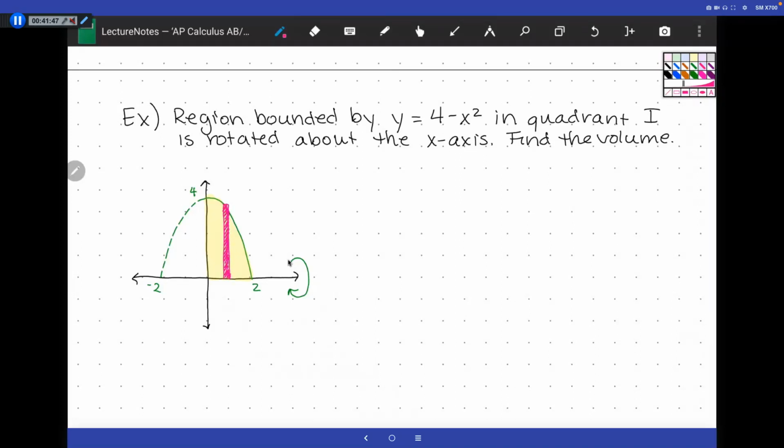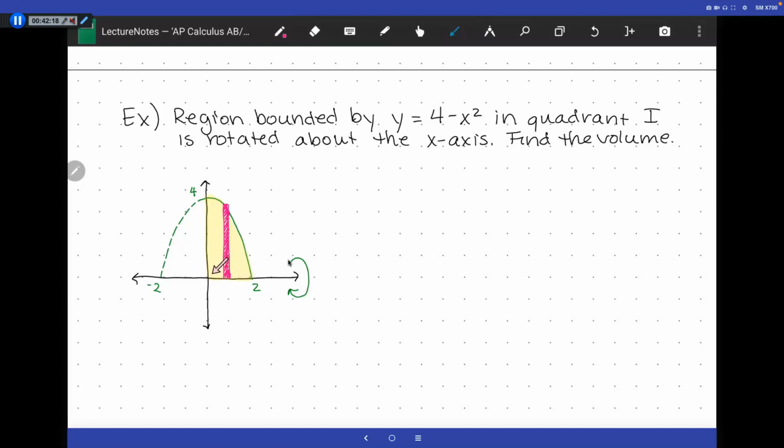So does that make it a dx or a dy problem? It's a dx problem. Is this a disc or a washer? Now, I do want to point out something. Everywhere in this region, as that rectangle is drawn across it, the rectangle will always touch the axis of rotation.